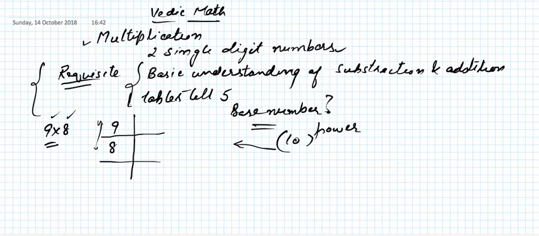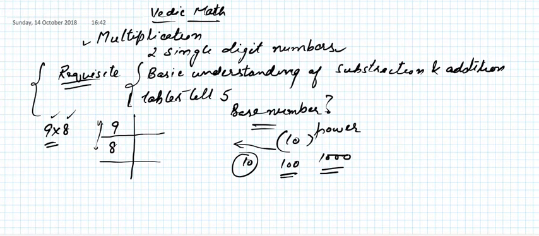Like here we have numbers 9 and 8, so 10 would be the base number. Had they been double digit numbers, then the base number would have been 100, and similarly for triple digit numbers it would have been 1000.